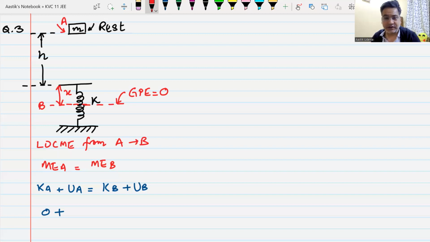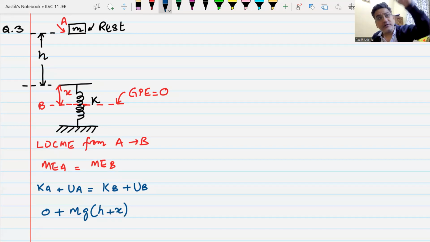And I hope that you have this habit of drawing diagrams. If you don't draw a diagram, you say mgh. No, it is mg into h plus x, because the height of point A with respect to point B is h plus x.